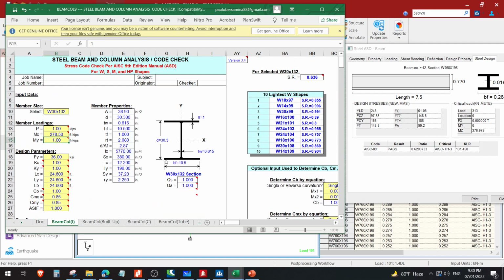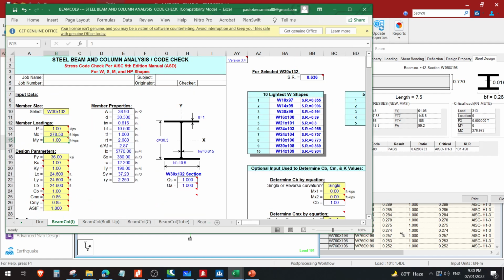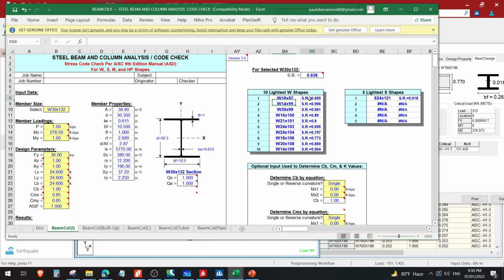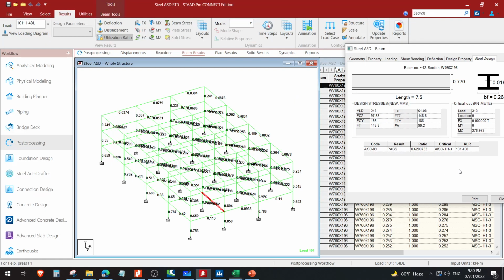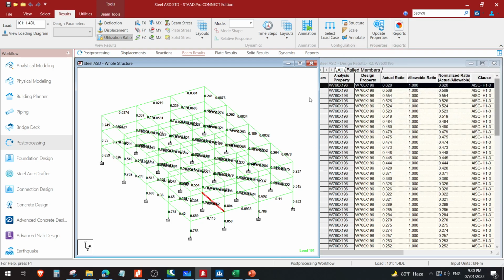So, that's for the beam. So, dito may propose siya ng mga alternative section that you can use. Okay? So, that's for the beam. Then, let's proceed naman sa column. So, we know already kanina na ito nga siya, no? Yung may maximum demand capacity ratio.